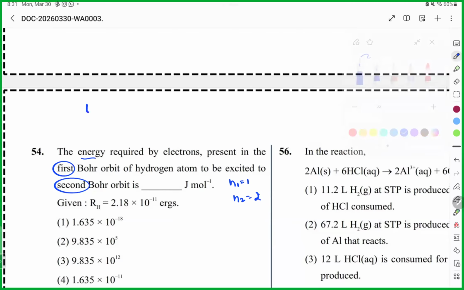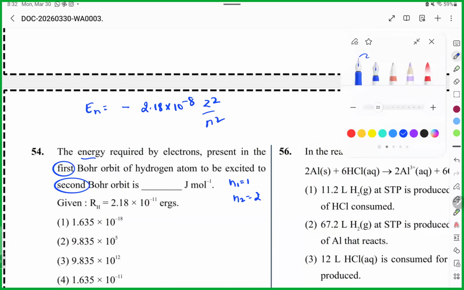And the energy value in any orbit will be equal to minus 2.18 times 10 raised to power minus 18 Z square by n square. Correct? This is the formula.